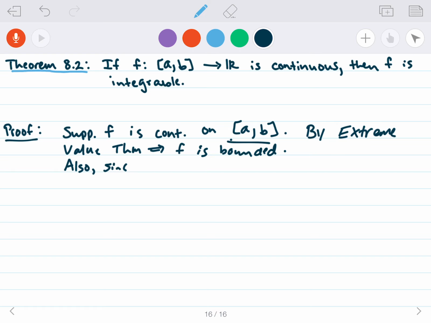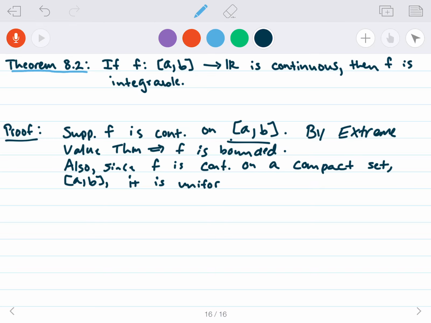Also, since f is continuous on a compact set, closed and bounded, [a, b], it is uniformly continuous on this set. That's nice. Uniform continuity is really, really nice.